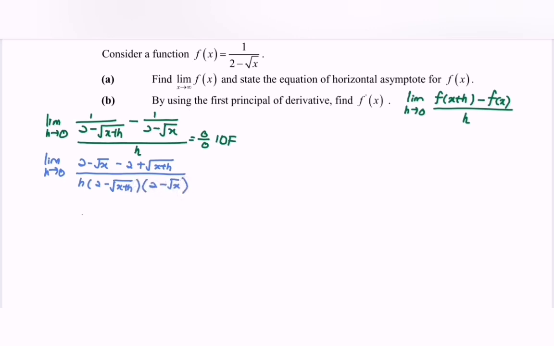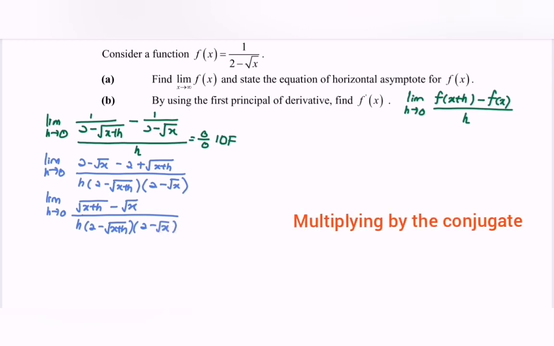So simplify the situation. Limit when h approaches 0. So here we have the square root of x plus h minus the square root of x, over h multiplied with 2 minus the square root of x plus h, multiplied with 2 minus the square root of x. So multiply by the conjugate.